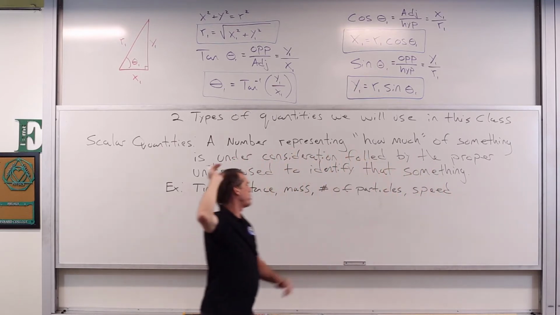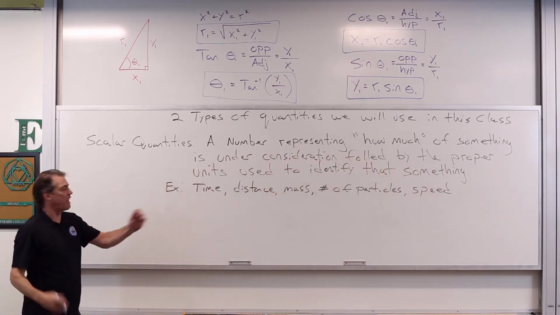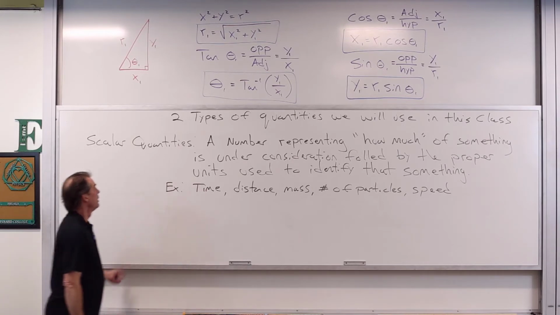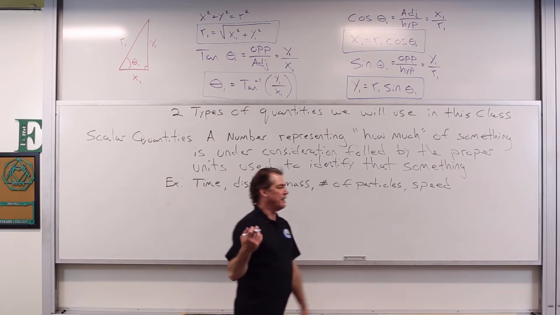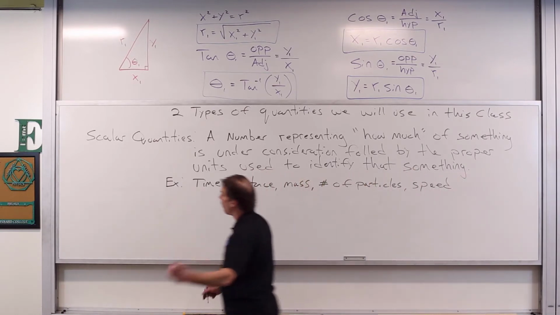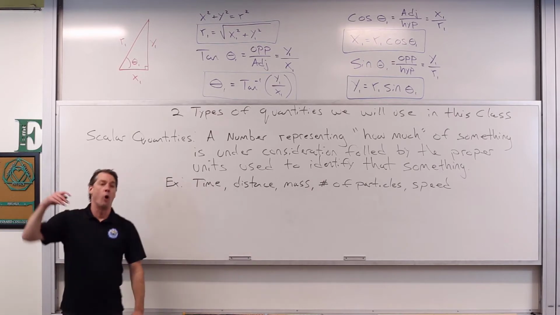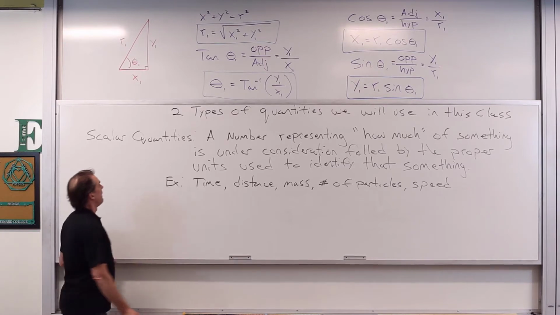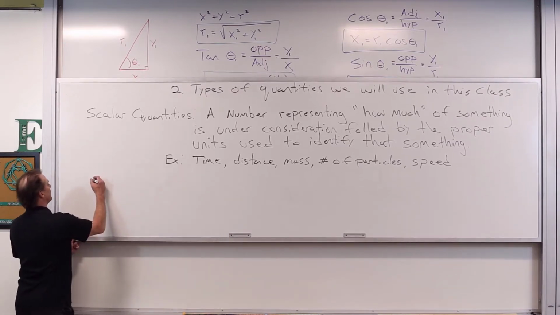There are all sorts of scalar quantities. Temperature, it's just a number, right? A number, how much? Well, on the flip side of this, there's another type of quantity. This particular type of quantity is something that we utilize over and over and over in this course. A very important type of quantity. And that is known as a vector quantity.